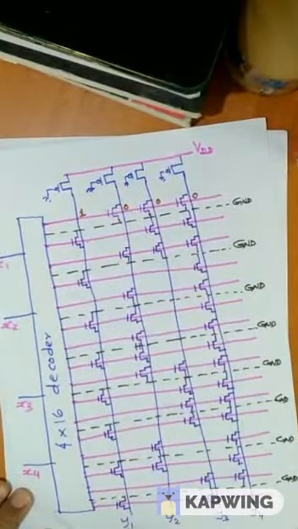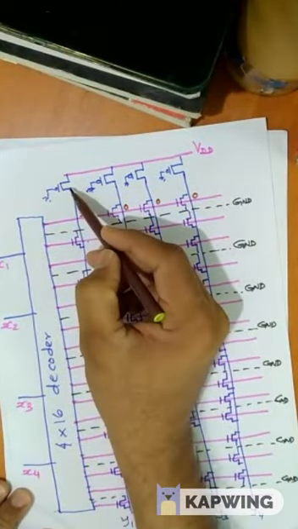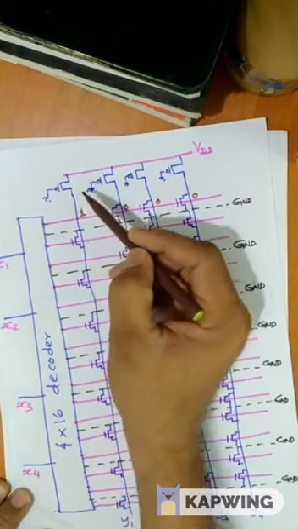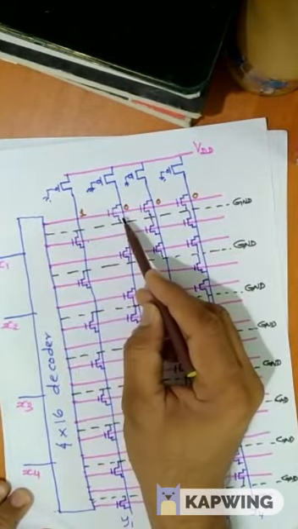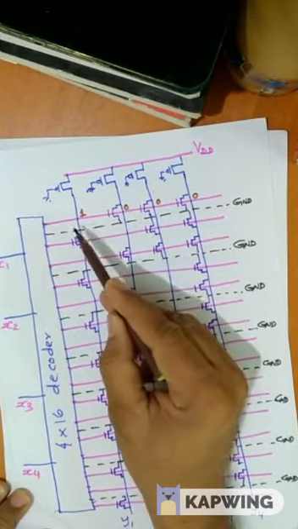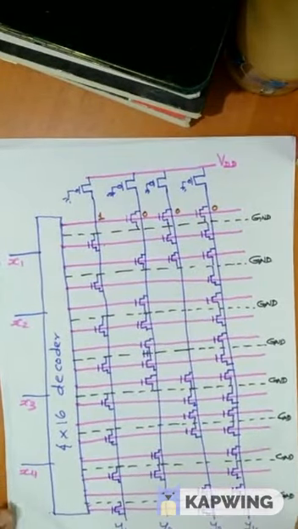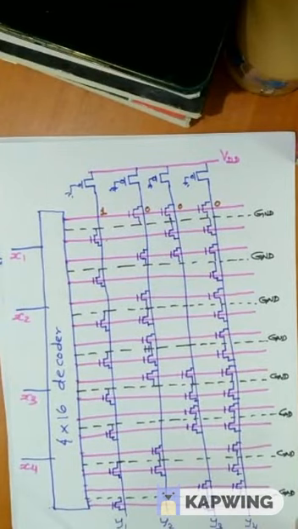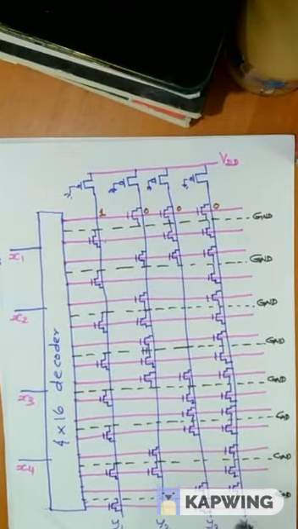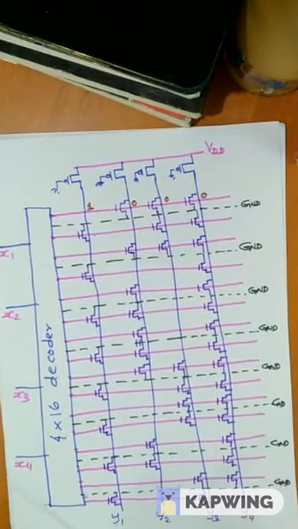Y1, Y2, Y3, Y4 are the bit lines. It's a pseudo NMOS connection. Since it is a NOR ROM, whenever there is a transistor, that represents a 0. So no transistor, it is 1. So this is the way that function can be implemented by using NOR ROM. So there's the picture. Thank you very much.